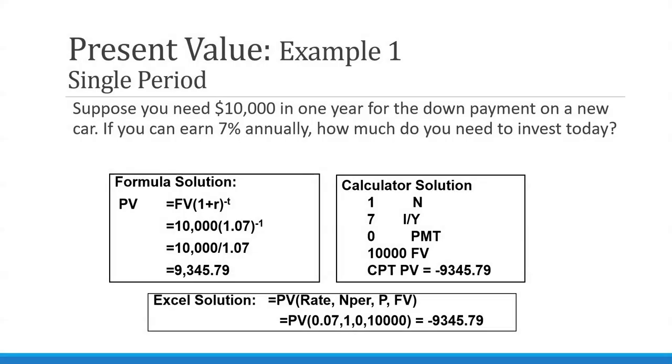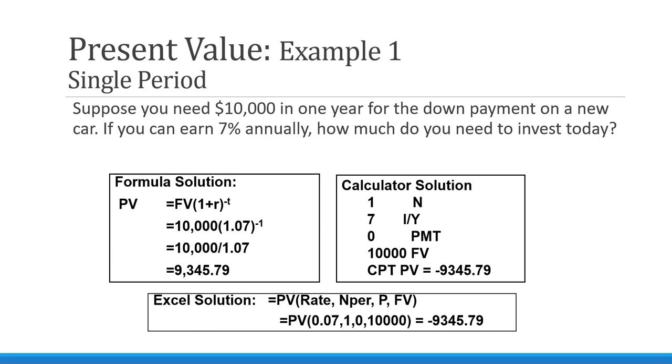What if we needed $10,000 in 1 year for the down payment on a new car? If we can earn 7% interest over that 1 year, how much do I need to have available today? Well, for 7% interest, I have to have a lot available today because we have such a short time frame to earn interest.